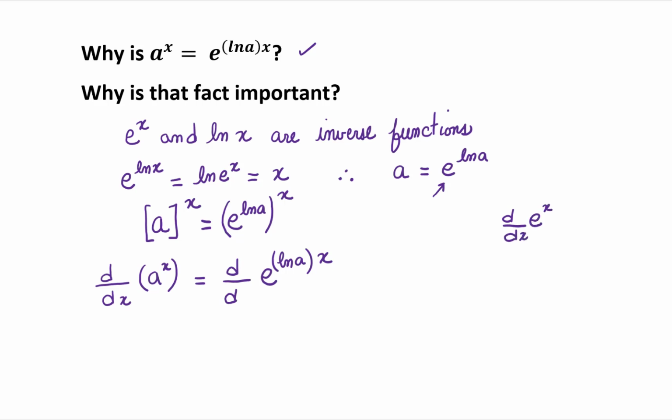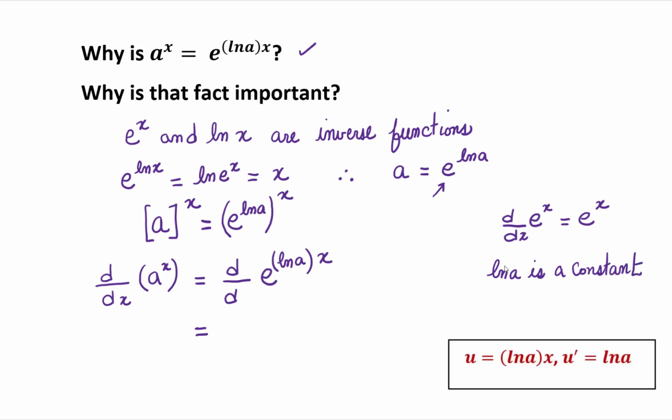Now, we all know that the derivative of e to the x is e to the x, right? The only difference between the two is that the one that we have here is a composite function. It's e to the u. We also remember that ln a is a constant.